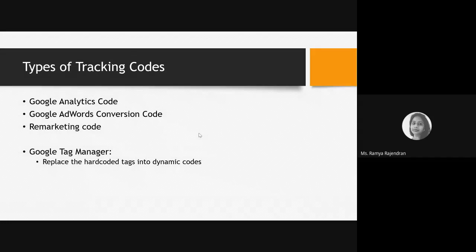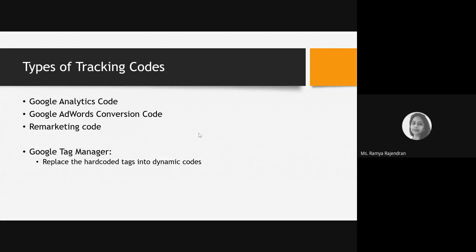This code is for tracking web analytics such as unique users, page views, bounce rate, and all other metrics. Google provides us free analytics services, but for that you have to have your own website published.